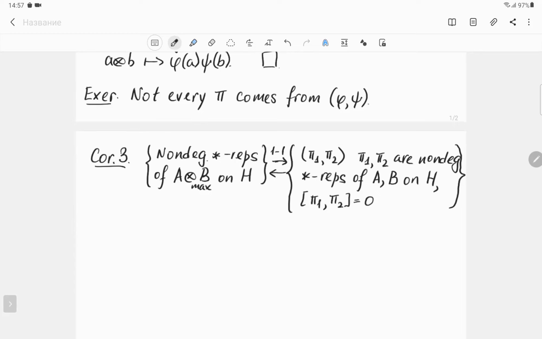And this follows from corollary 2, combined with a theorem from the previous lecture, which was stated but not proved, and which states that if we start with a non-degenerate representation of the algebraic tensor product on a Hilbert space, then every such representation provides two representations, pi1 and pi2, of the algebras A and B respectively.